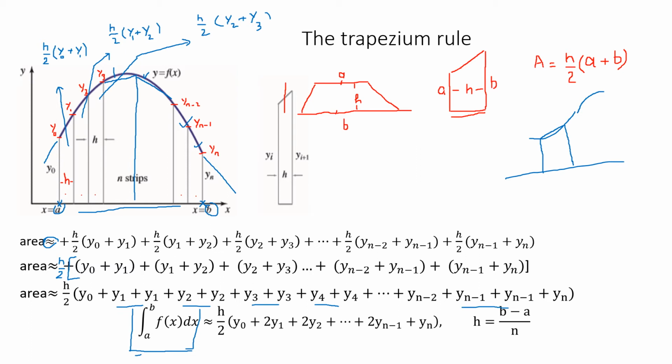So there is always a room of error, that sometimes this rule add up more area and sometimes we will lose area. So this is a kind of error. So approximation is used for that sake.